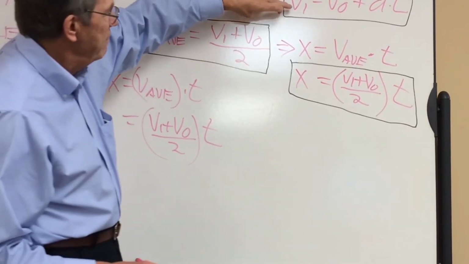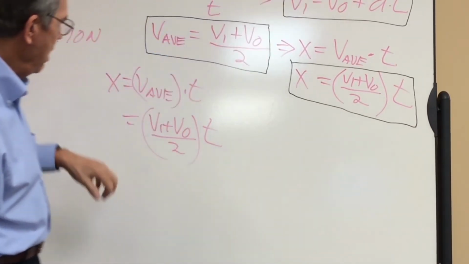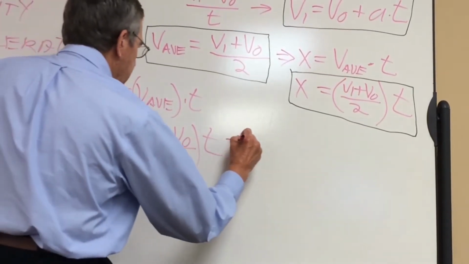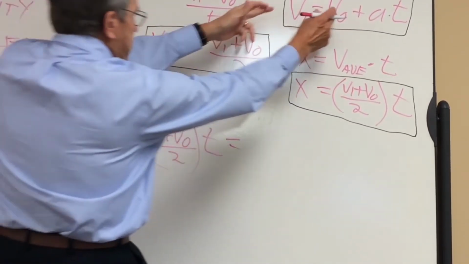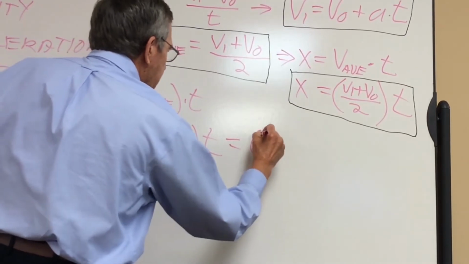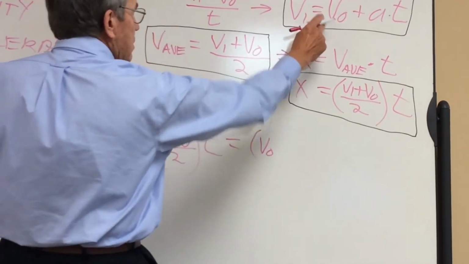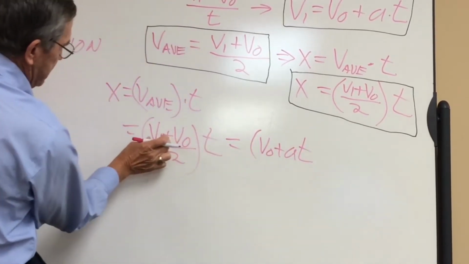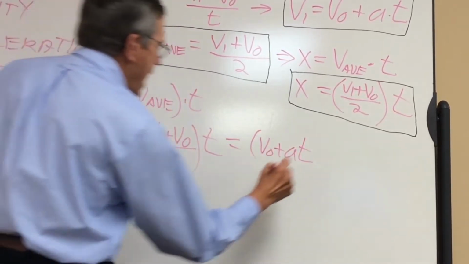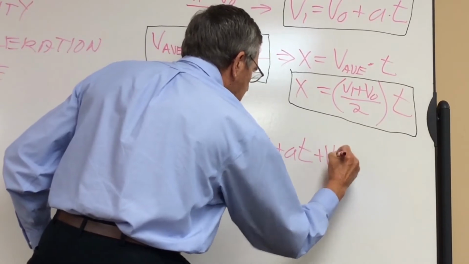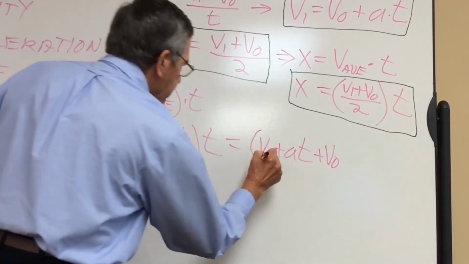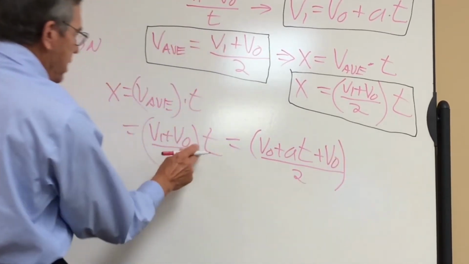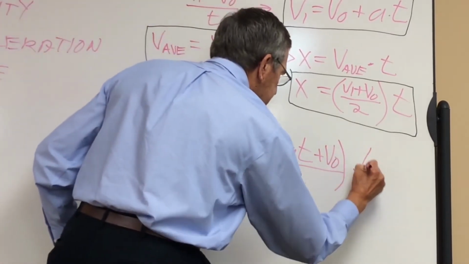So here we have V1 equals that. We're going to plug that right in here to this V1. So here's V1, so let's bring that right down here. So we're going to have V0 plus AT. That's this part. Then we add the V0 from here. We divide all that by 2. We close our parenthesis, and we multiply that by T.